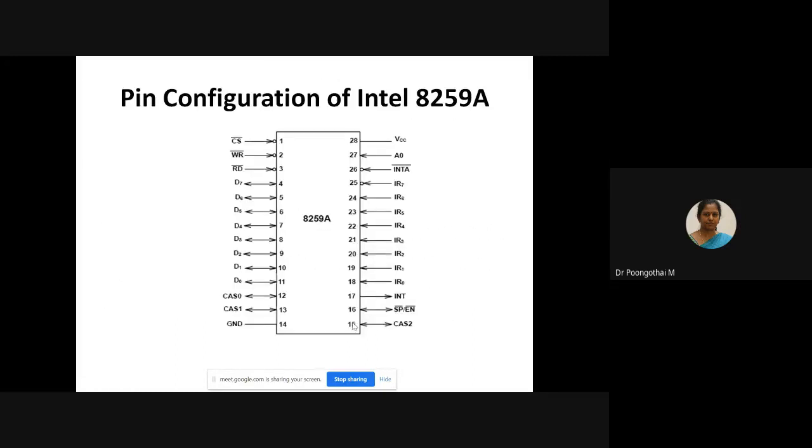So this is about our pin configuration. 8259 is contained in a 28-pin dual inline package that requires only a 5 volt supply. I will explain the pins one by one. First one is the chip select signal. What is the purpose of chip select signal?